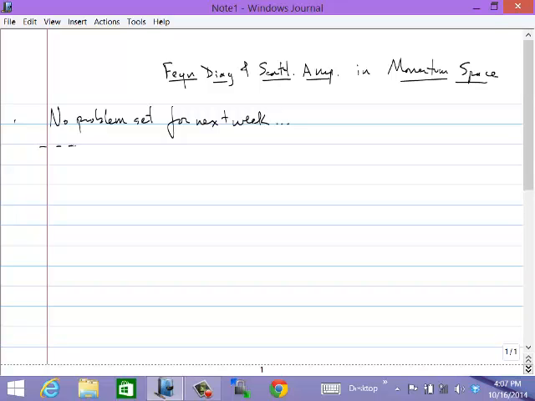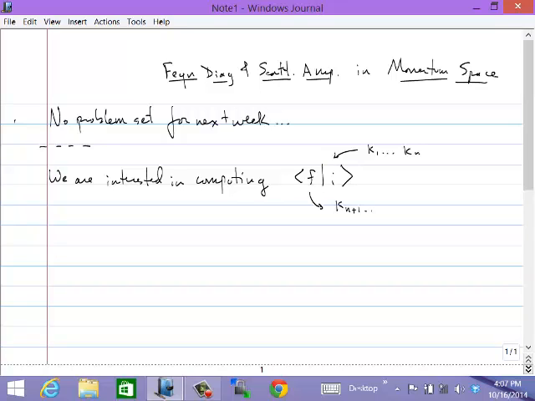And in particular, we are interested in computing things like the overlap or the amplitude for some initial set of states involving some particles labeled by their momenta, let's say k1 up to kn. You want the amplitude for that to evolve into a final state involving particles, say, with momenta k_{n+1} up to km. Okay.